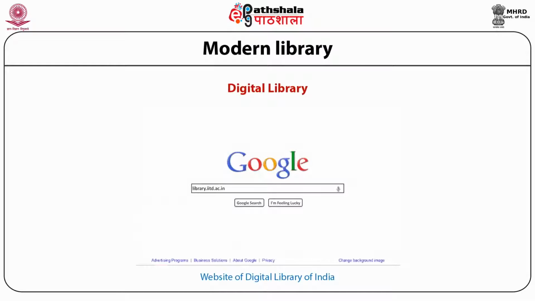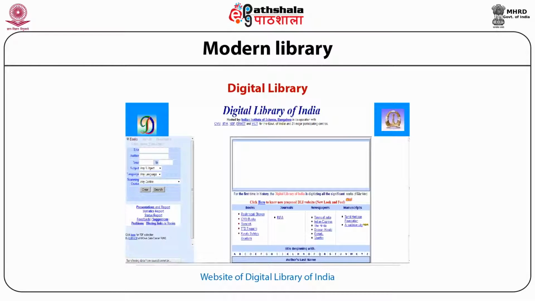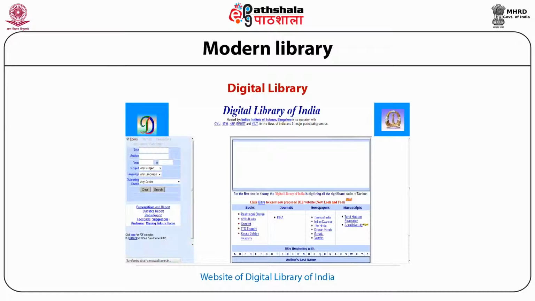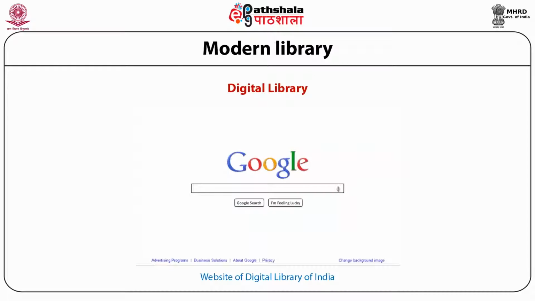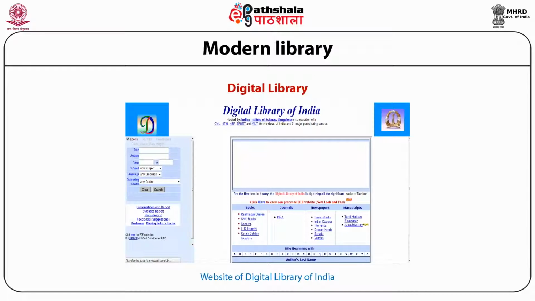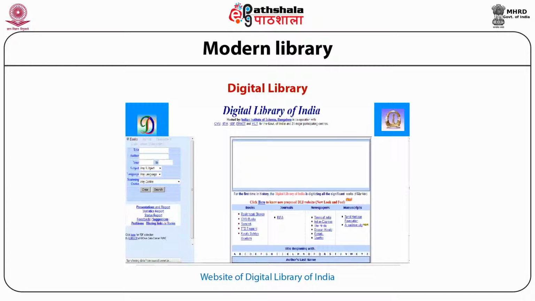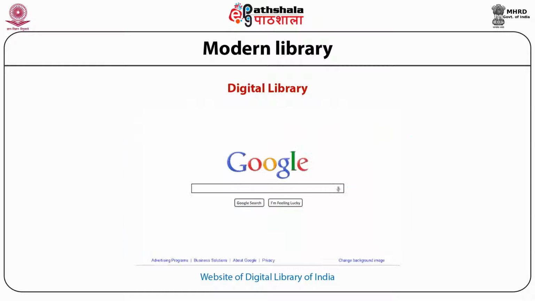In a digital library, the entire library collection is stored in electronic format and is accessible by computers and other electronic devices via internet or intranet. For example, Digital Library of India is a digital library of Indian books which are available free to everyone on the internet.